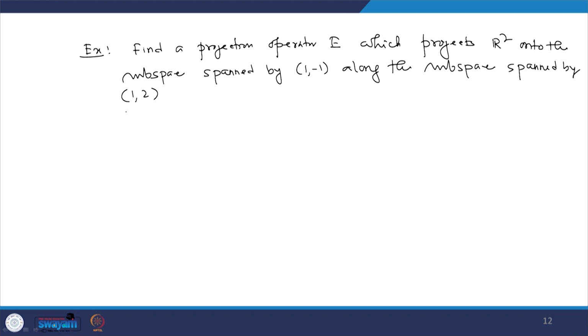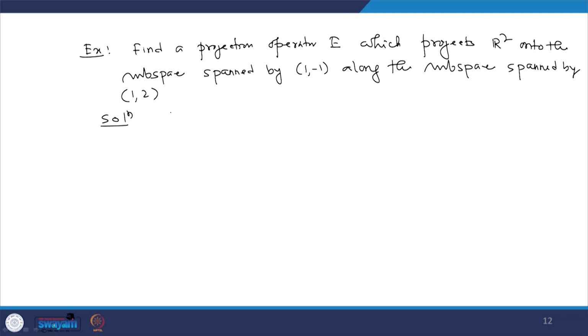Find a projection operator E which projects the vector space V equal to R2 onto the subspace spanned by (1, minus 1), that is, the range space is spanned by the element (1, minus 1), along the subspace spanned by (1, 2), the null space.